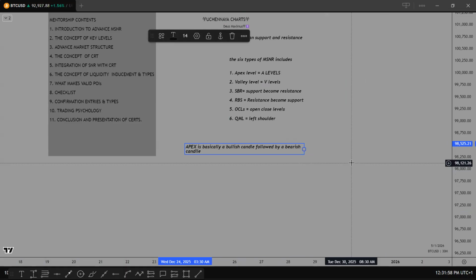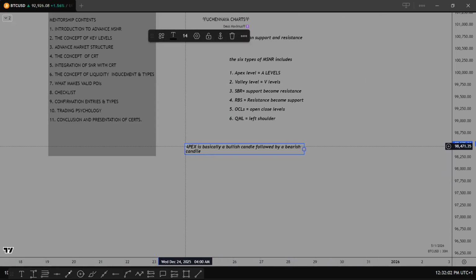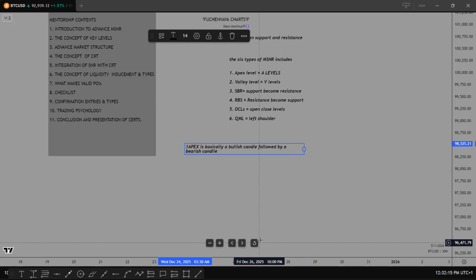Apex level is a bullish candle followed by a bearish candle.